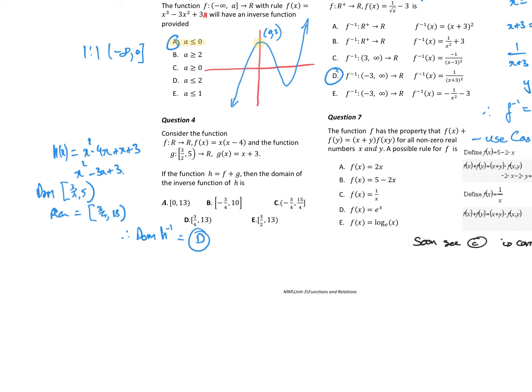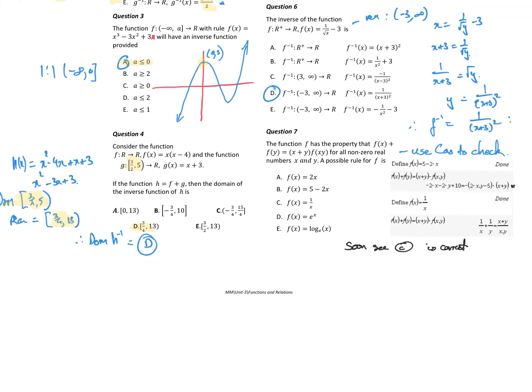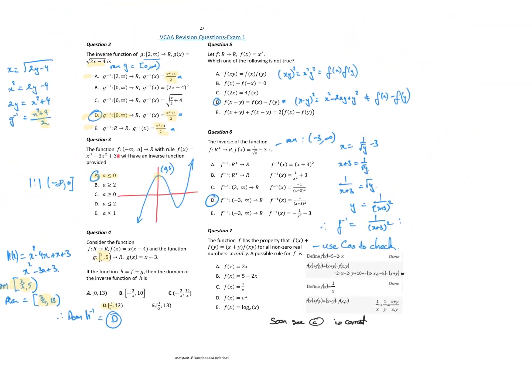So that function is just defined for 3 on 2 to 5 because that's all g is defined for. So that sum of functions has got a domain of 3 on 2 to 5. And so if I substitute 3 on 2 to 5 into x squared minus 3x plus 3, I end up with an interval of 3/4 to 13, which is D.